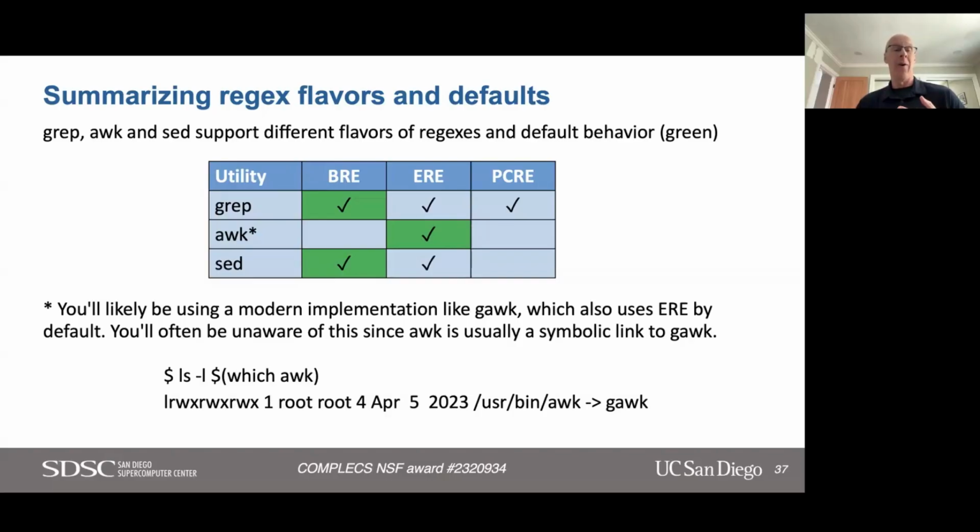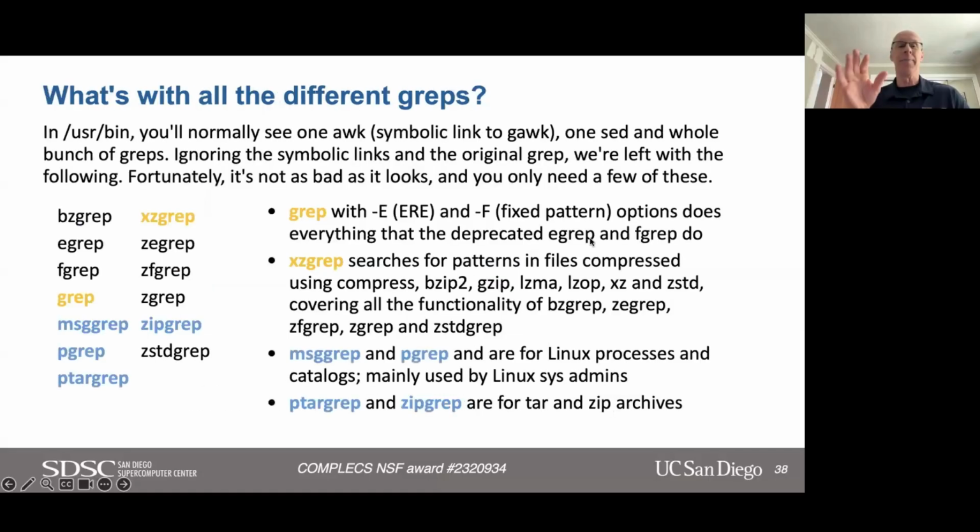And like grep, the default is going to be basic. Now, I do want to point out with awk, if you're using awk on a typical Linux system, it's probably going to be a pointer to gawk, which also uses extended regular expressions by default, but you're generally going to be aware of this since awk is usually a symbolic link to gawk.